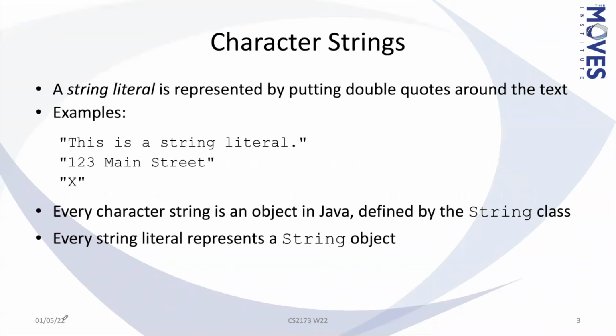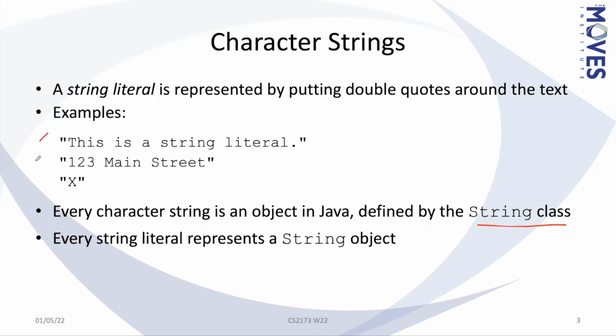All right, so this is something you've no doubt seen. A string literal is where we just put double quotes on things. And so here are 3 examples of string literals. Every character string is actually an object which is defined by the String class. So remember yesterday we talked about how there are classes which are templates and objects which are instances of that.